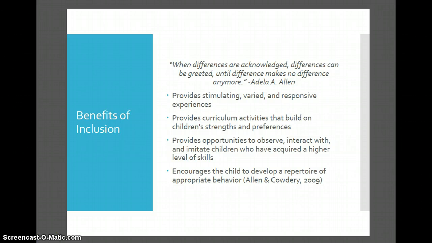When we talk about children being in a classroom environment with children who are different from them, we're talking about providing them with opportunities to observe, interact with, and imitate children who have acquired a higher level of skills. So this isn't something that just comes up when you're talking about inclusion or when you're talking about children with disabilities. This is even the argument behind multi-grade and multi-level classrooms, multi-age classrooms at all sorts of levels of education.